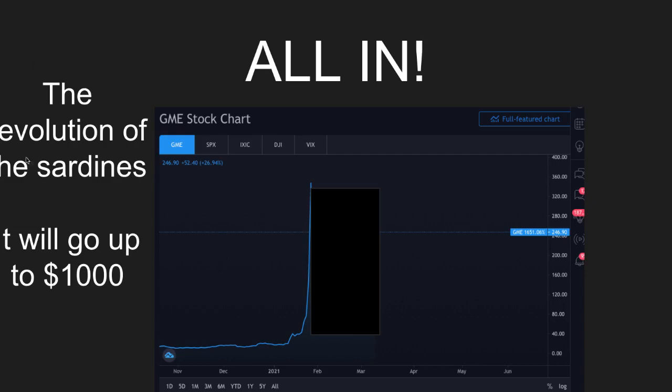This is the revolution of the sardines, yeah. So people said, all in. You had a lot of people putting money in when the price was already very, very expensive, right? It was like 480, and you still would see people putting money in at that time, expecting the price would go all the way to 1,000, right? And you wonder why people would still put money in. Well, because that's what they heard.